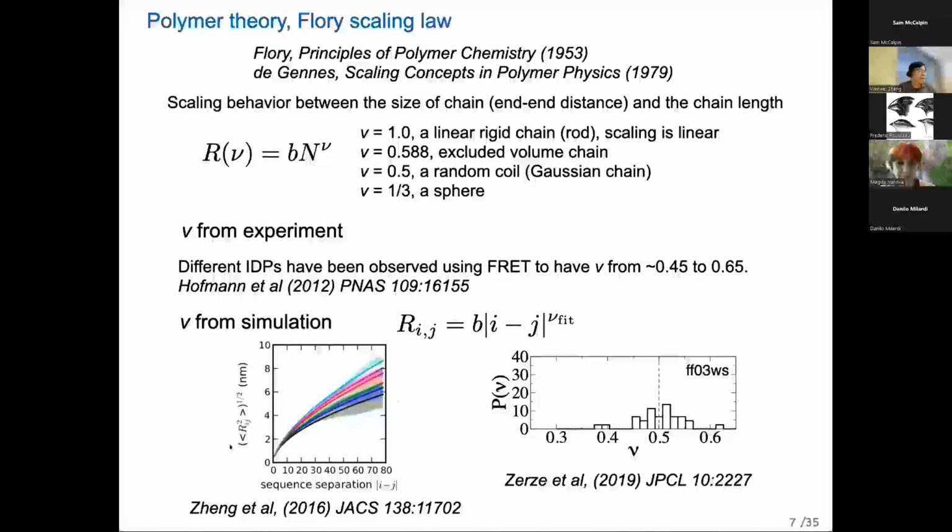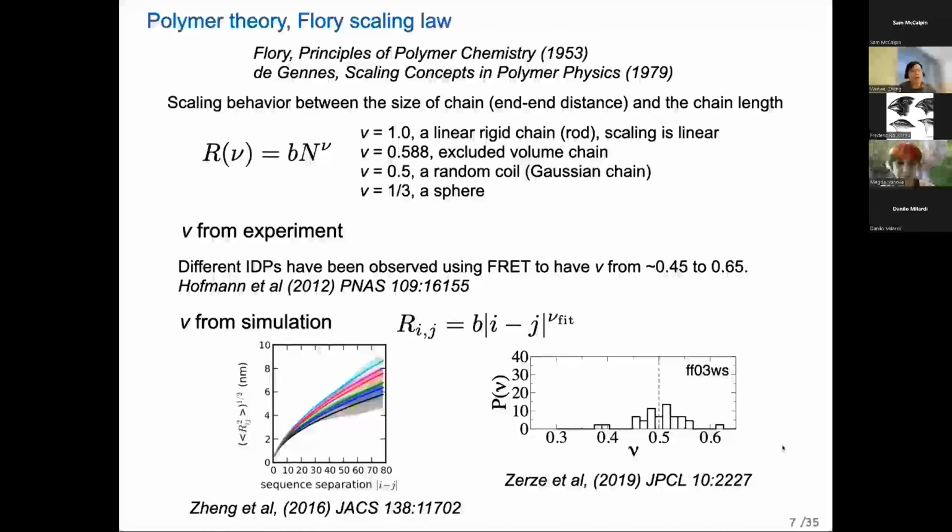A very quick example, using a very old simulation I ran in 2016, is this actor at different denaturant concentrations. We see that with the distance as a function of the sequence separation, even in all-atom simulation, there's enough sampling to obtain that special parameter nu for the disordered protein.